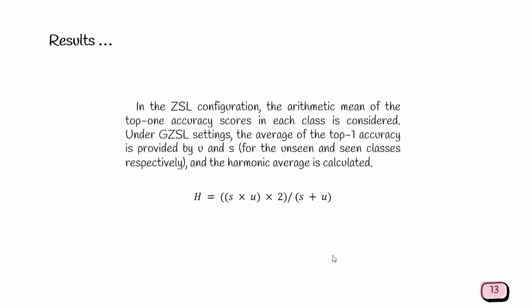Results: in the ZSL configuration, the arithmetic mean of the top 1 accuracy score in each class is considered. In the GZSL setting, the harmonic average is calculated based on the average of the top 1 accuracy.